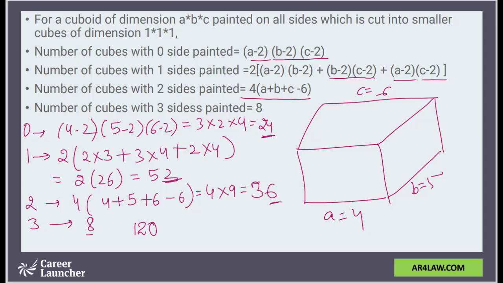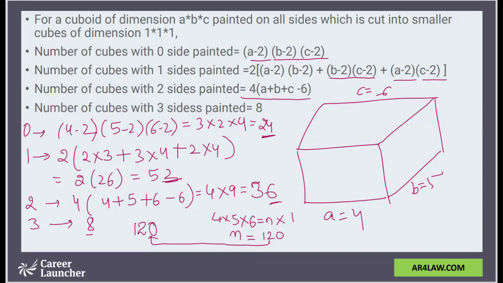And we also know, as we've seen earlier, the volume of a bigger cube is equal to the number of smaller cubes into the volume of a smaller cube. So here we can verify also: 4 into 5 into 6 should be equal to the number of smaller cubes, and the volume of a smaller cube is 1. So the number of smaller cubes should be equal to 120, which matches up very well with this.